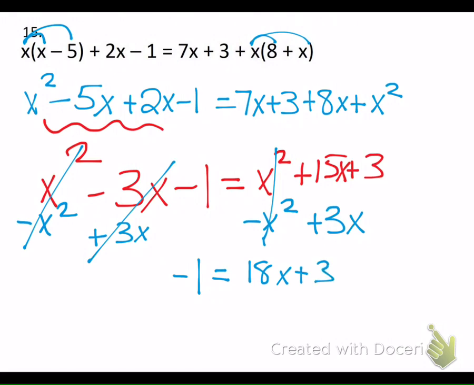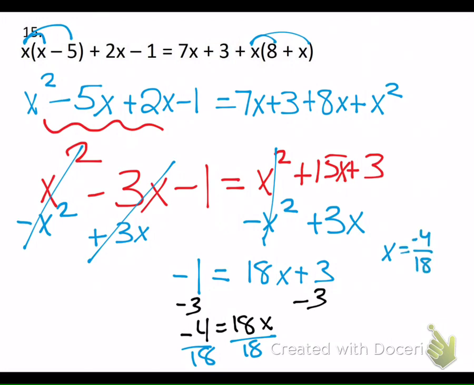Yep, now you just solve it like a first chapter way back in the day sort of problem. All right, we need to reduce this fraction. They're both divisible by 2, so this is -2/9.